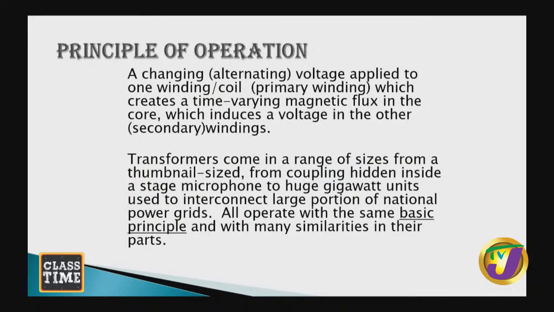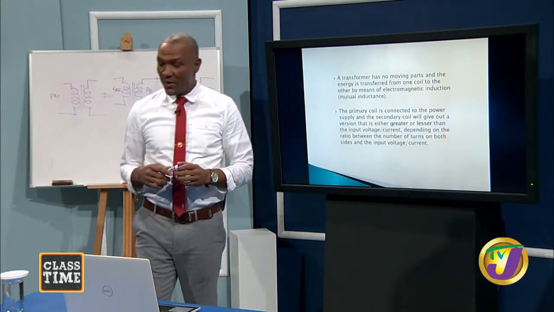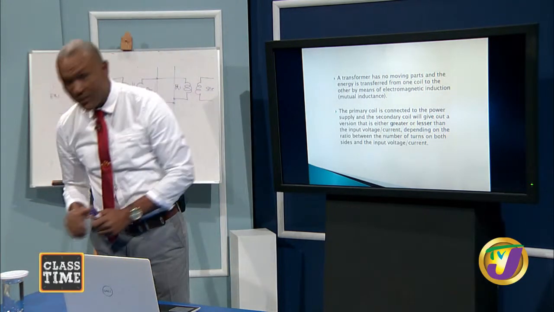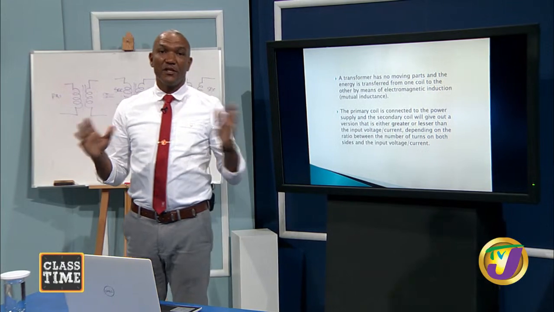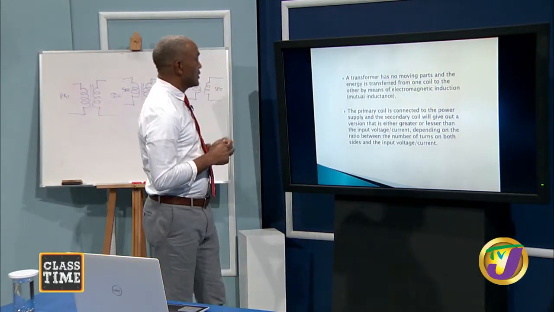They have the same principle, called mutual inductance. A transformer has no moving parts. That means you just put it down like anything on your table, and it doesn't have to move at all, and it operates.